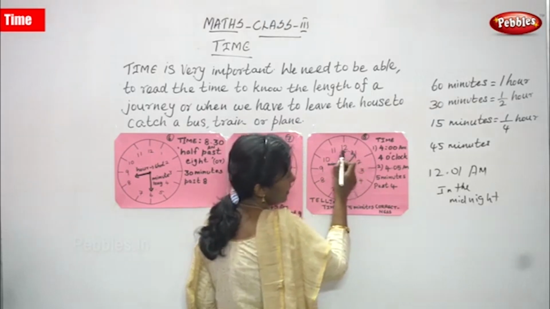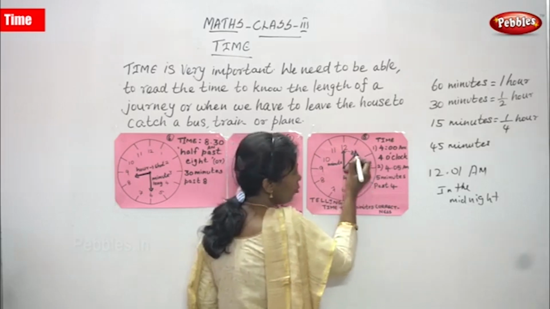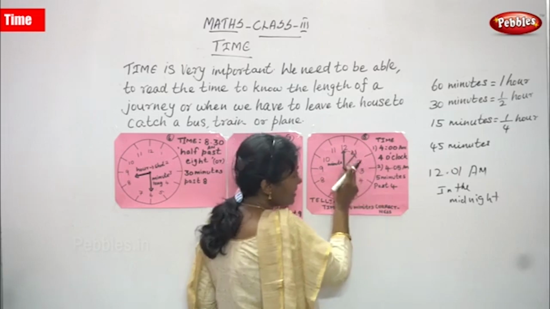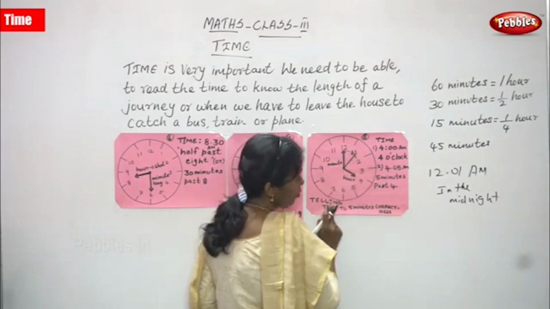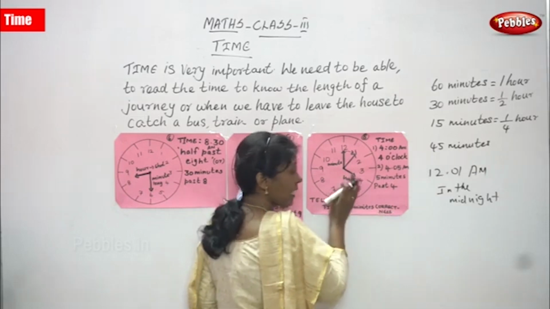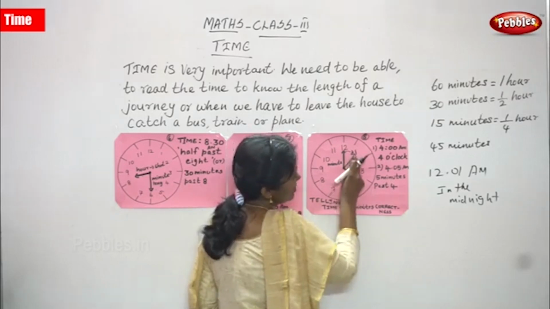How many minutes has it moved? 5 minutes. It reached 1, and each number represents 5 minutes. The hour hand shows only the 4. It is not moving; only the minute hand is moving.